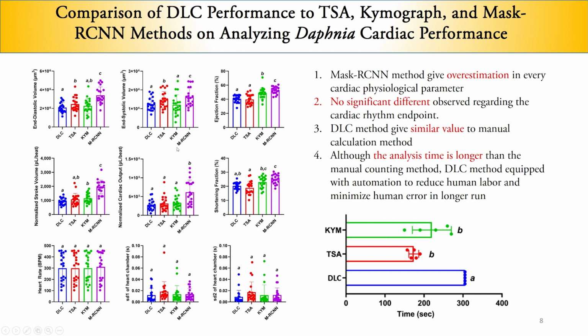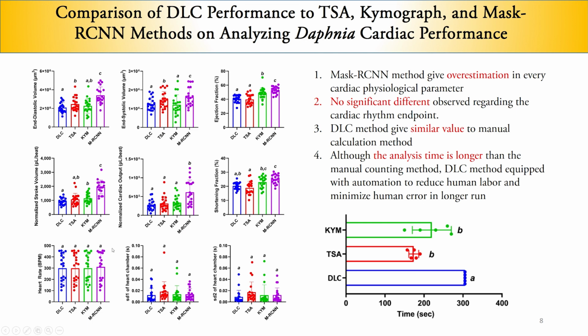significantly different results, which is in most cases, the Mask R-CNN method, which was previously done, has given a very overestimated value, even compared to the manual counting method, which is done by ImageJ. However, there's no significant difference observed in heart rate, which is the cardiac rhythm parameter, from all the methods used.